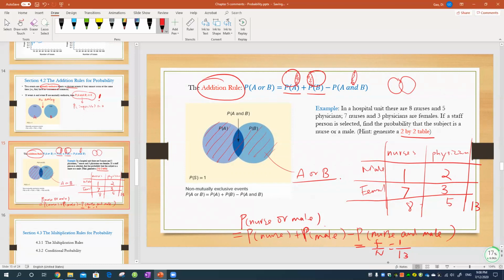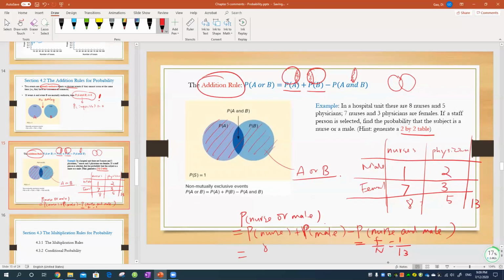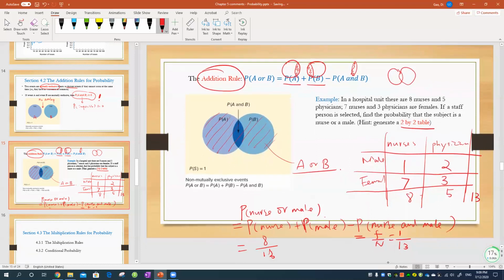Use the F over N rule. Probability of nurse, we have 8, so 8 over 13. Plus probability of male, we have 3, so right here, 3 over 13. And don't forget minus 1 over 13.